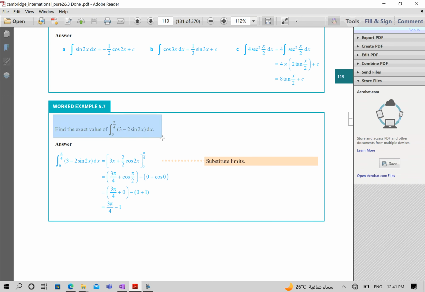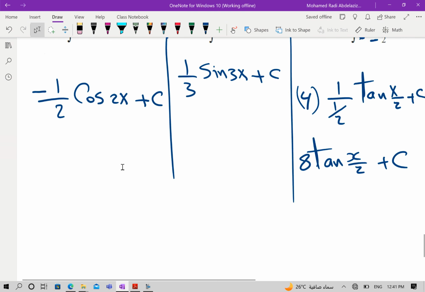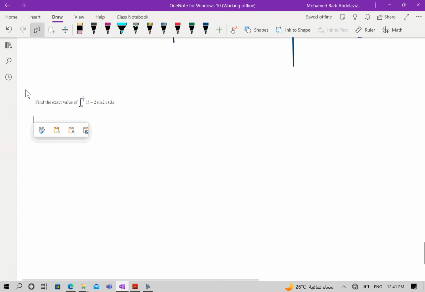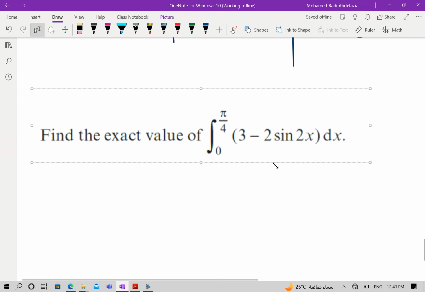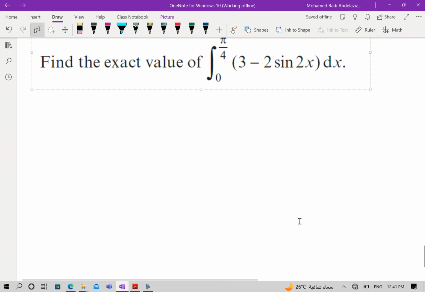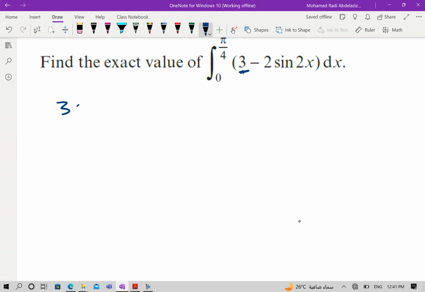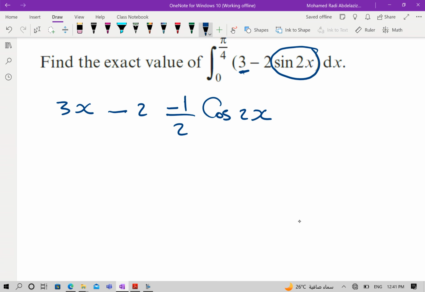If we have a limit written in radians, use the radian system, not degrees. First, start to integrate. Integrate 3 is 3x, minus, keep 2. Integrate sine: negative 1 over 2 cosine 2x from 0 to pi over 4.